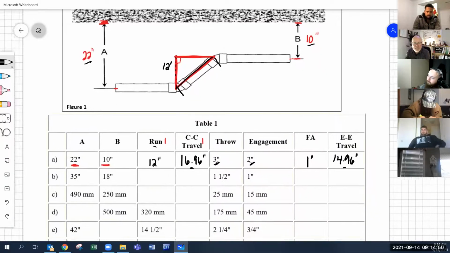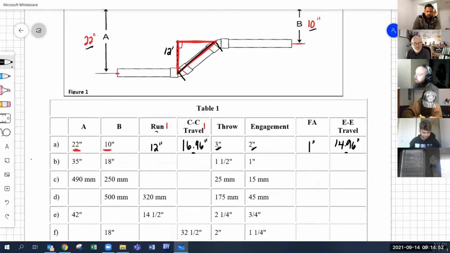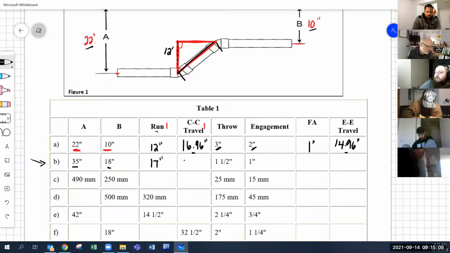Everybody see B at this one, B here? We have 35 and 18. What does that make my run? 17. What is my travel? All right. 24.03.